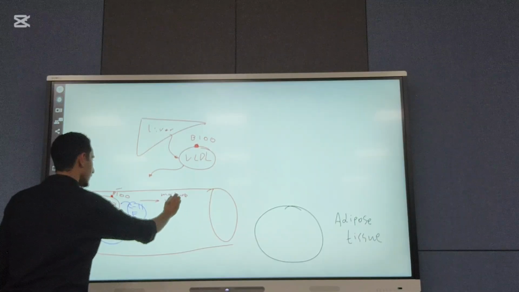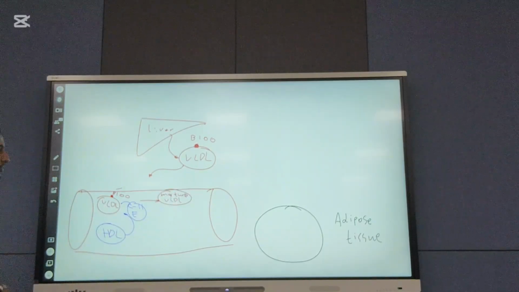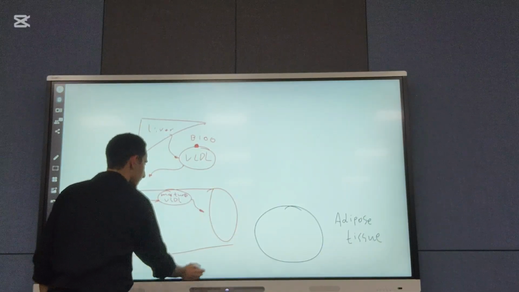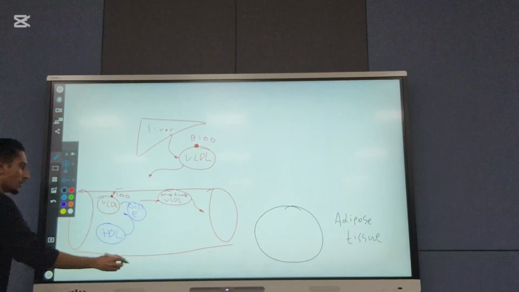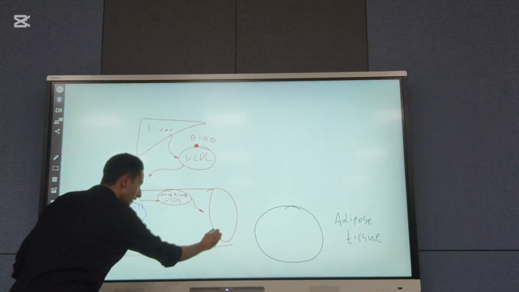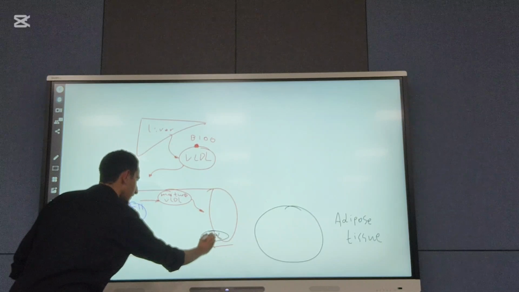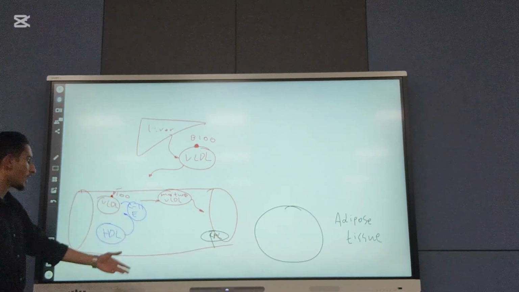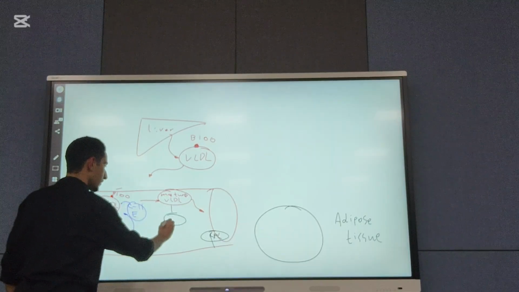Mature VLDL. We reach the tissue. For example, here's the tissue, and what do we have here? What is called lipoprotein lipase, LPL. We are repeating the same story. What activates the lipoprotein lipase? It's the C2.